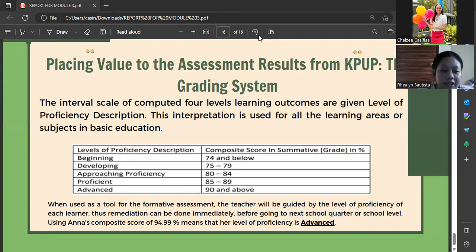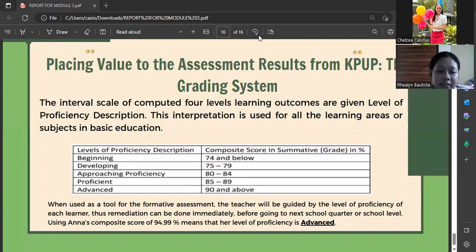Thus, remediation can be done immediately. Sa pag-alam nung teacher sa levels of proficiency ng bata, doon makikita yung remediation. Madaling makikita ni teacher kung may remediation bang mangyayari before going to the next school quarter or school level.